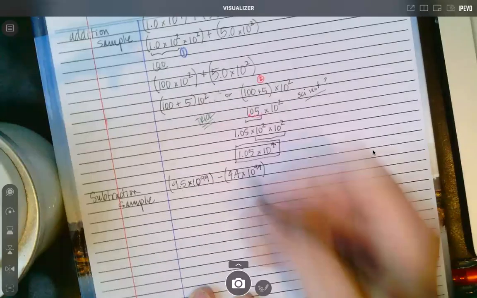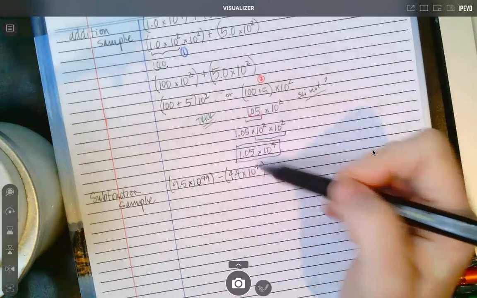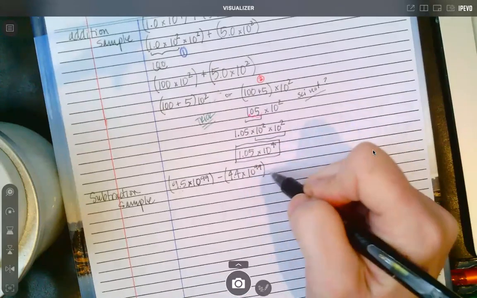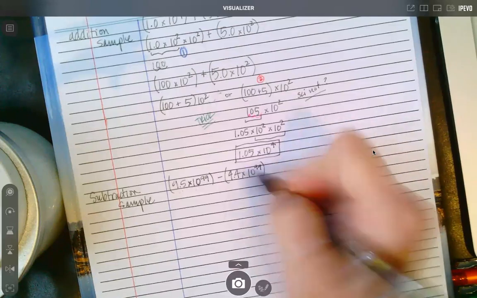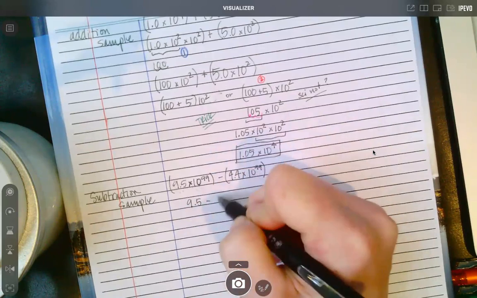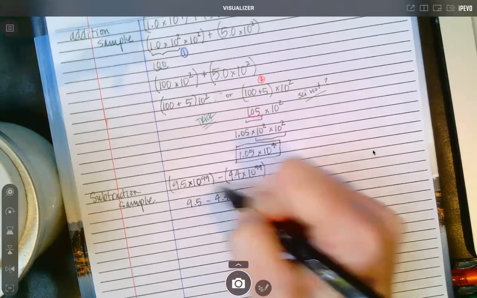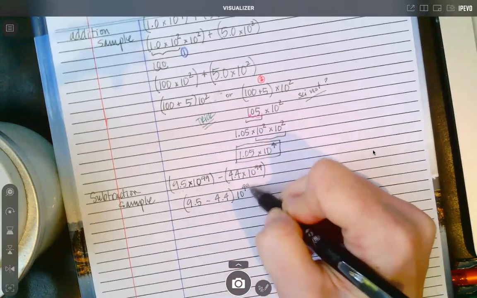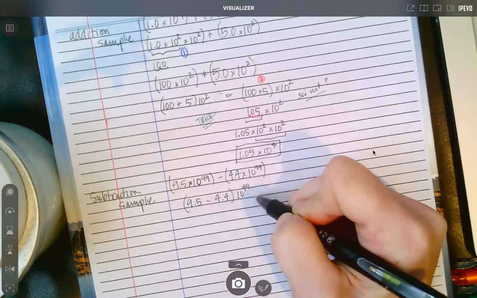Okay, so we don't have to do step one. There doesn't have to be any adjusting. We can just factor out the 10 to the 99th. So we're going to go 9.5, there is my operation, and 4.4, and I know that that is being multiplied by the 10 to the 99th on both of those, so I can factor that out.